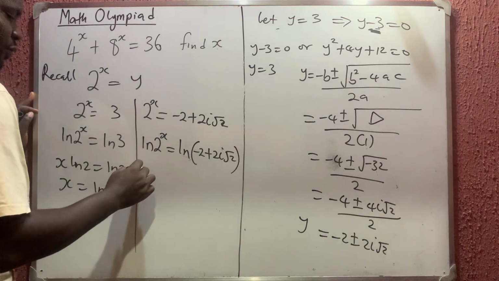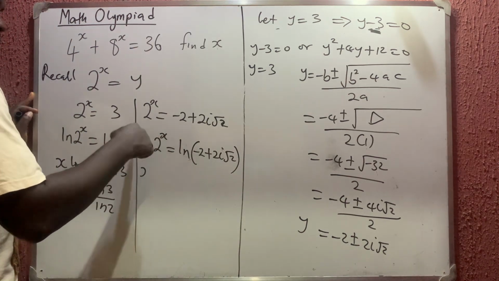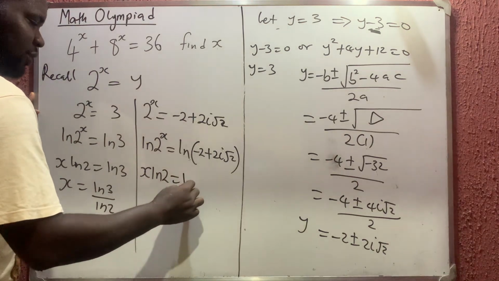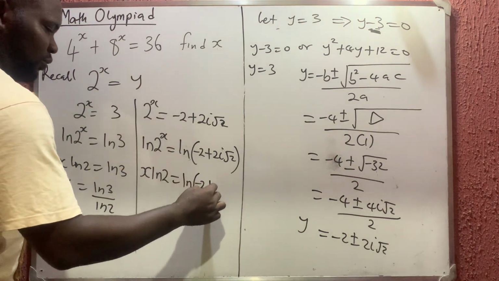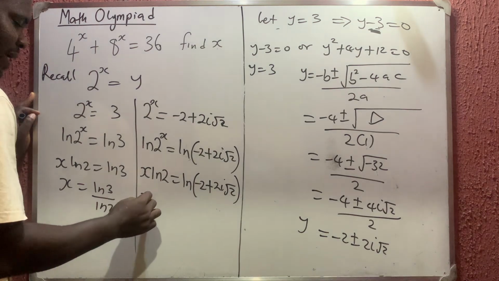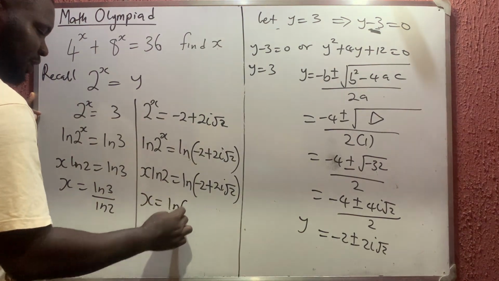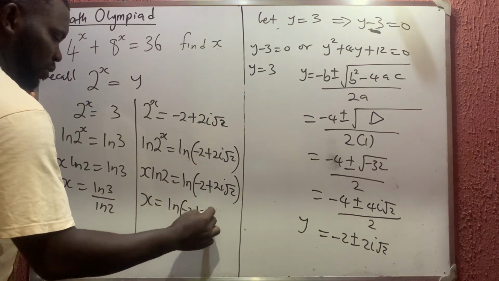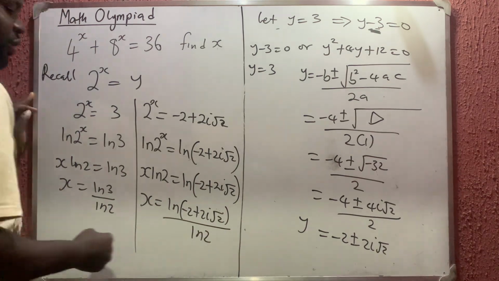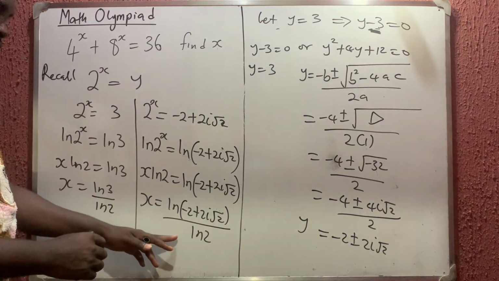Okay, so therefore, according to logarithm, the x can go to the front. So I have x ln 2 is equal to ln of minus 2 plus 2i root 2. Okay, so therefore my x will now be ln of minus 2 plus 2i root 2, then all over ln 2. Okay, so that's the second solution.